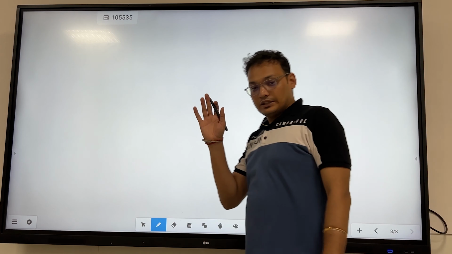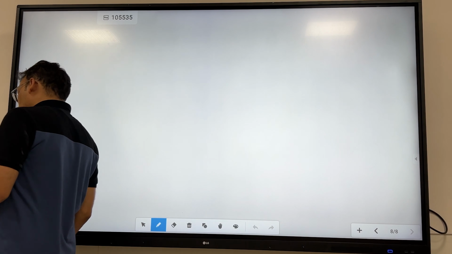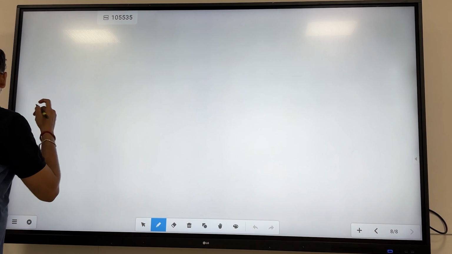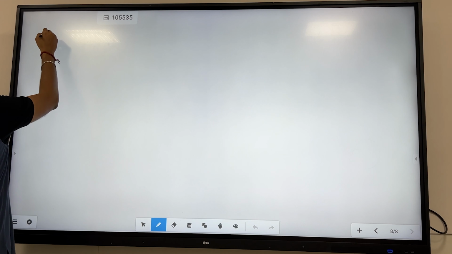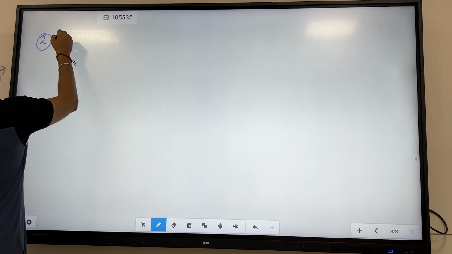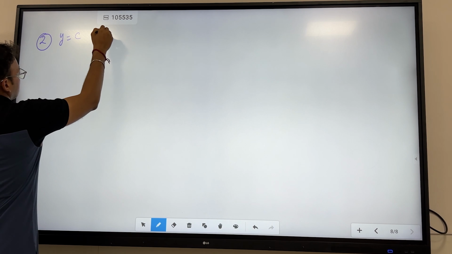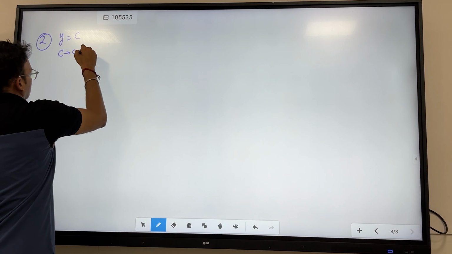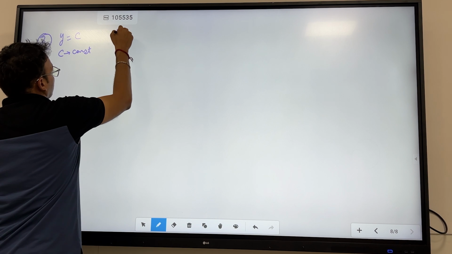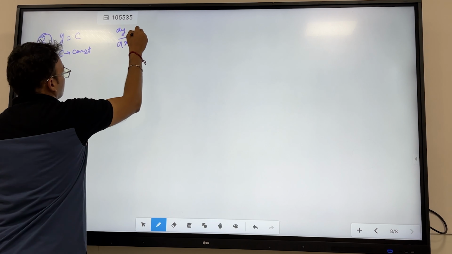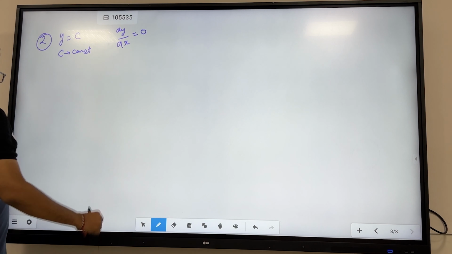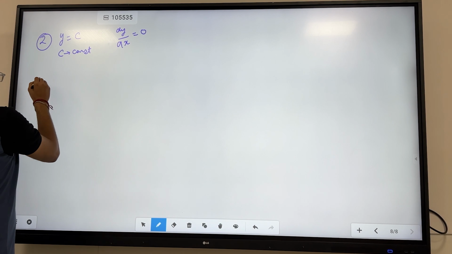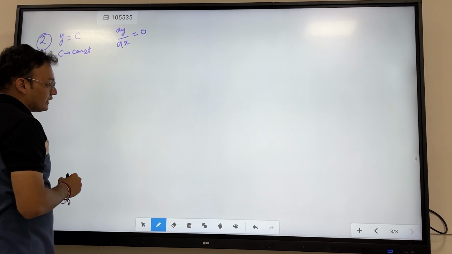Moreover, let's move to some more examples, right? Now, some more rules as well. See, if y is equal to c, any constant, right? Then dy over dx is equal to 0, right? Similarly, we have some trigonometric functions.